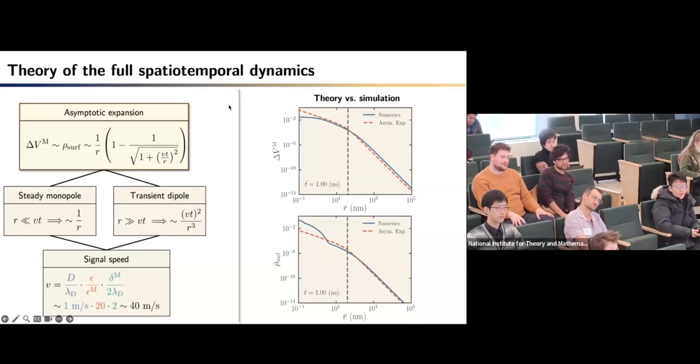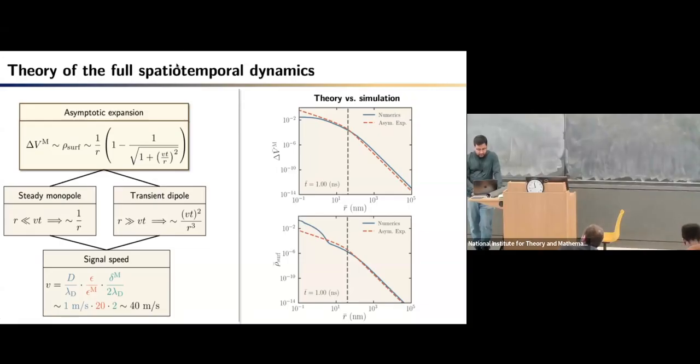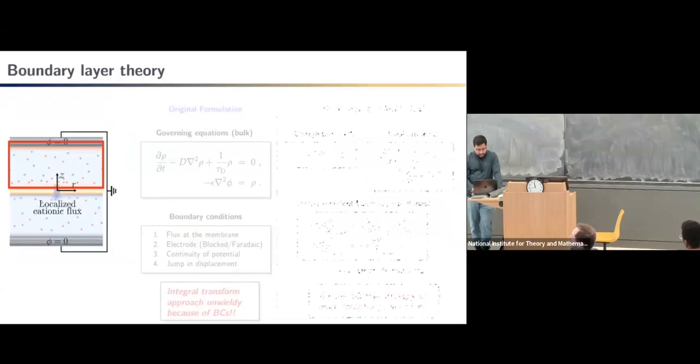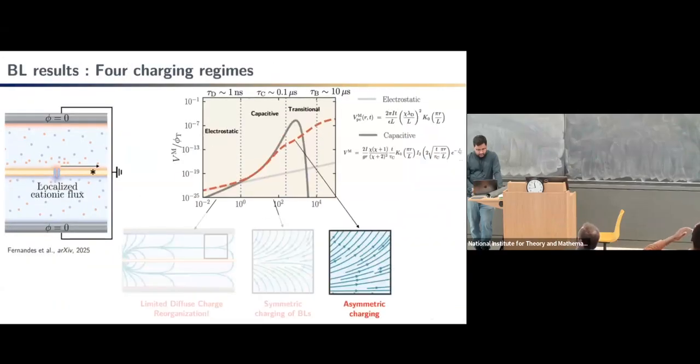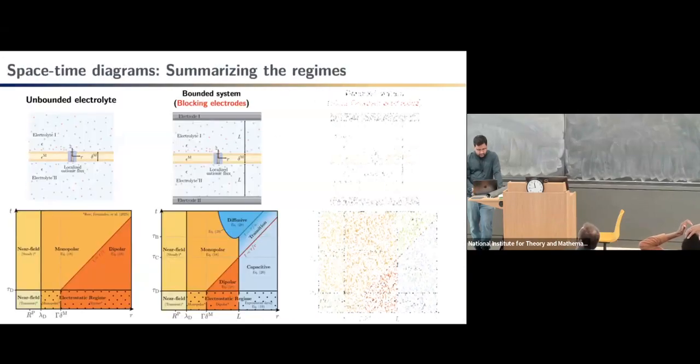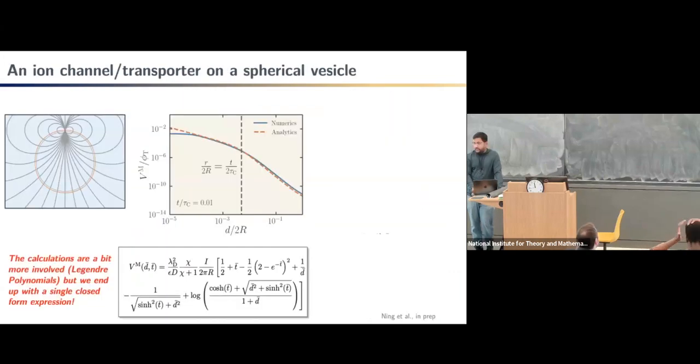I showed you one example over here, the sphere. A sphere has a curvature, and imagine that there's an ion channel that starts over here, but the interesting thing compared to the flat is that all the charge has to stay bounded in this closed system.